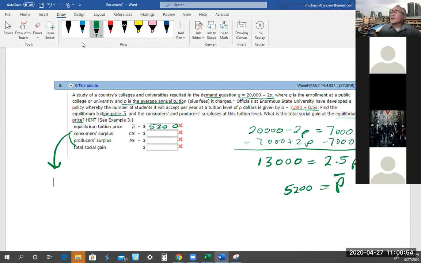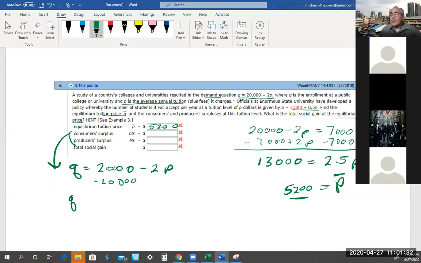So for consumer surplus, we've got Q equals 20,000 minus 2P. We're going to use P bar equals 5,200. What you'll notice though, this is one of them where we have Q equals something, not P. All the other problems have it already solved for P. So the first step we have to do here is solve this for P. Actually that's 20,000, isn't it? Yeah, one more zero.